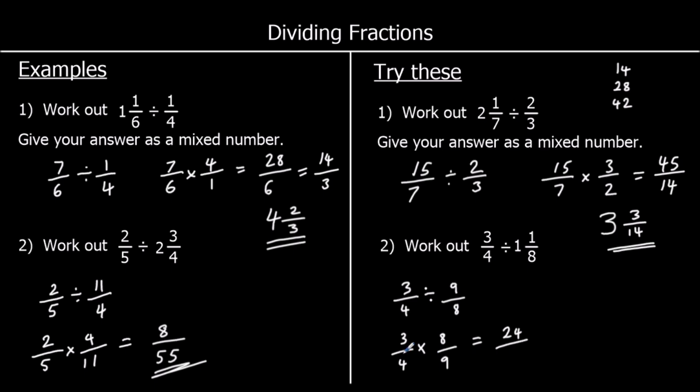Times the bottom, 4 9s are 36, and they are both in the 12 times table. So it's 2 12s and 3 12s. You could simplify it step by step. So half them and then half them again, or however you want to simplify it, but you should get it down to 2/3.